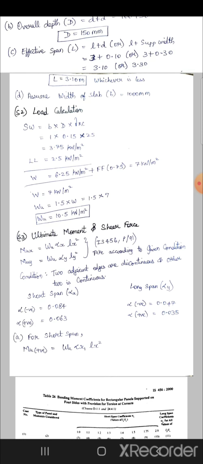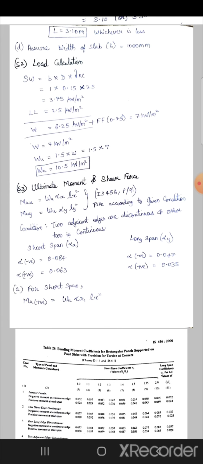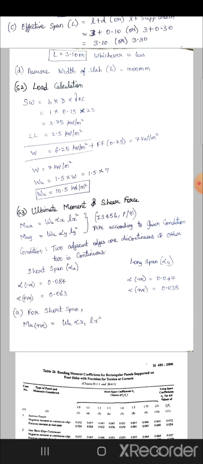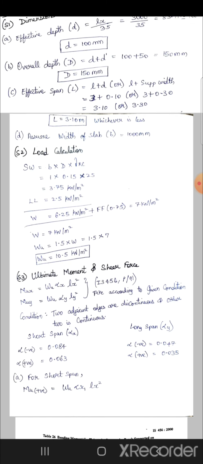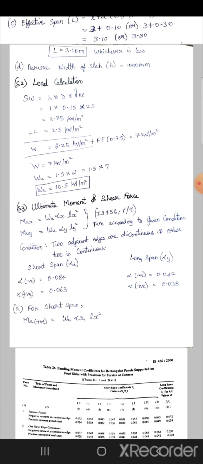Step 2 is load calculation. Self weight equals breadth into overall depth into 25. Live load is 2.5, given in the question. Floor finish, we assume floor finish as 0.75. So the self weight answer is 6.